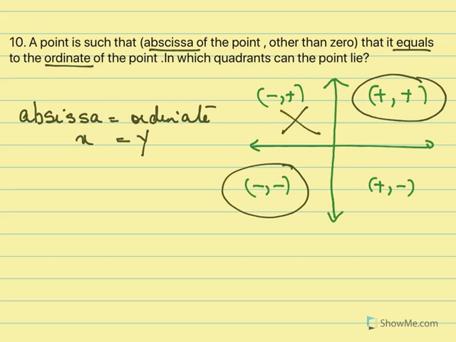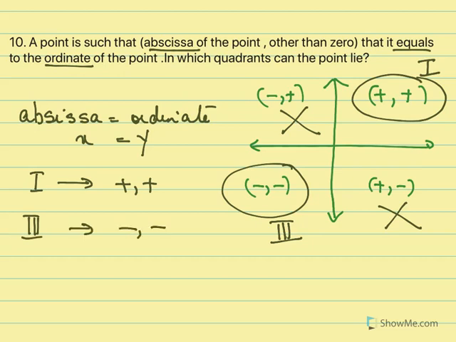It cannot be here because one is negative, one is positive. Here also one is positive, one is negative. So it could be only in the first and third quadrants. In the first quadrant, because the points are positive, positive, or in the third quadrant, since the point is negative, negative, the abscissa and the ordinate could be equal.